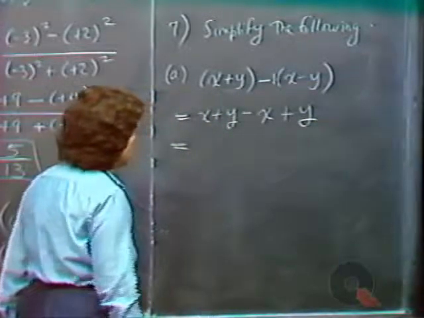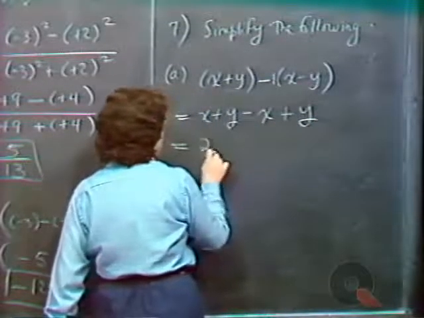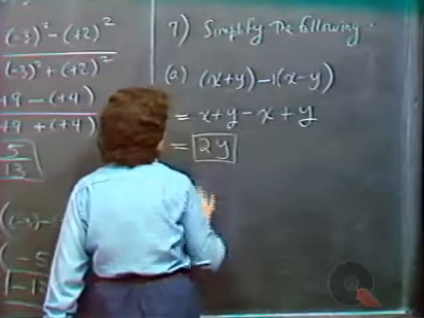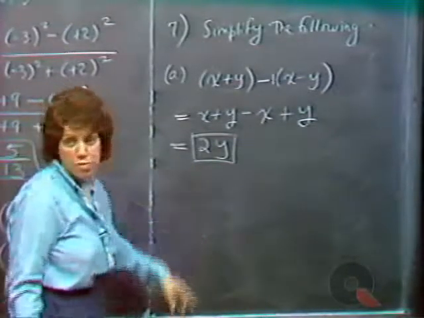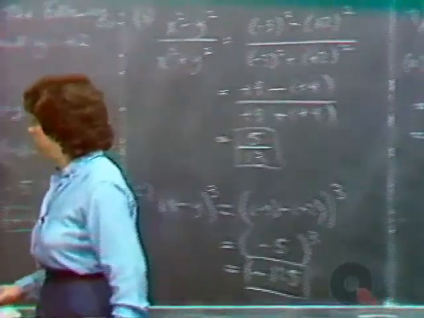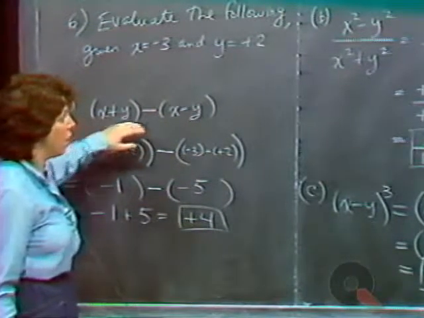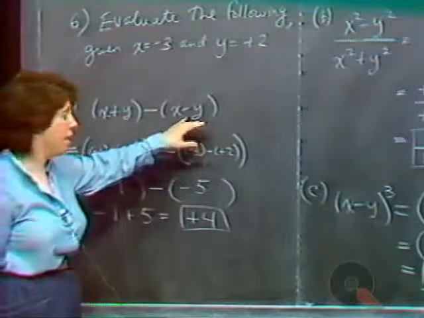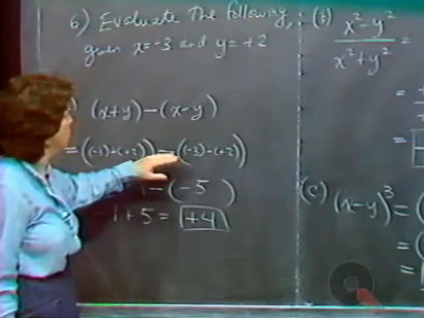Combining now the like terms, x and minus x cancel each other out. Y plus y gives us 2y. By the way, if you look back to problem 6a, we had the same idea, x plus y minus x minus y, and we actually substituted in for x and for y.